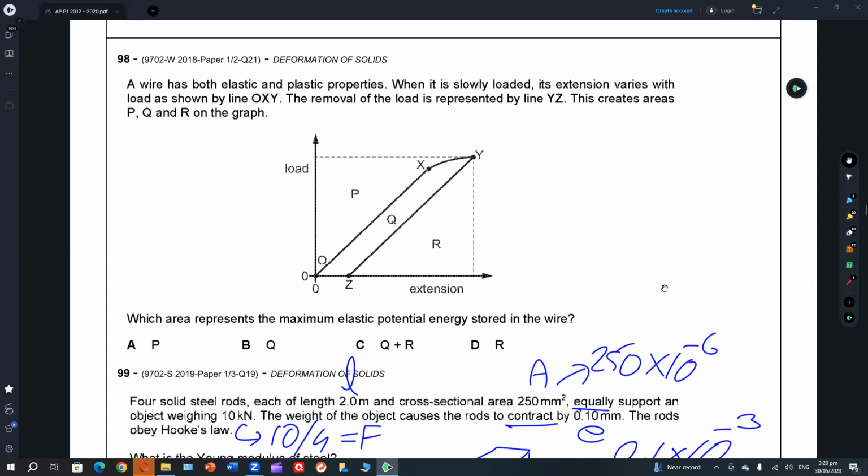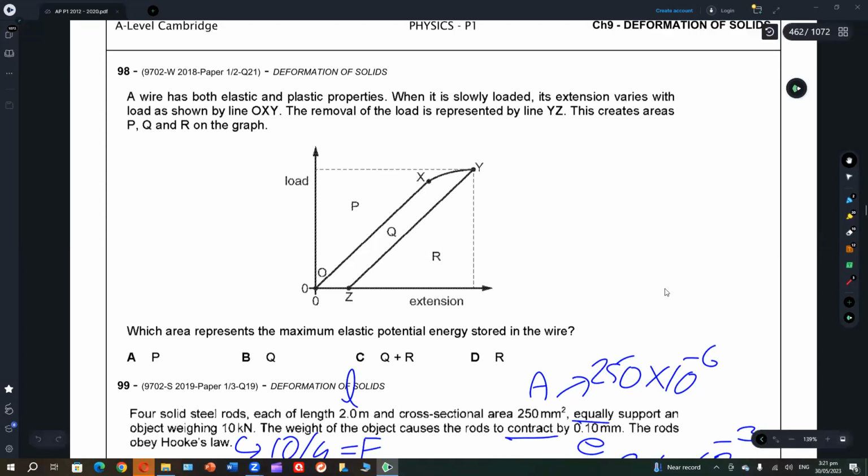A wire has both elastic and plastic properties. When it is slowly loaded, its extension varies with load as shown by line OXY.